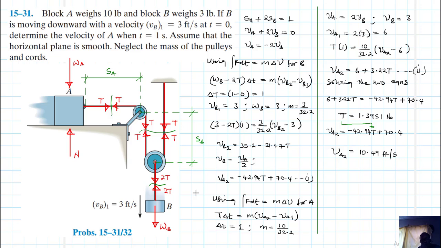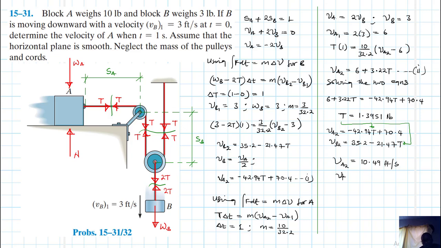And the velocity of B, you can also compute it. Let me check for B. We know that VB2 is just equal to 35.2 minus 21.47 times t. You can borrow t here and plug it there.